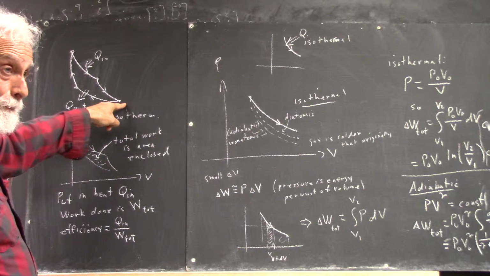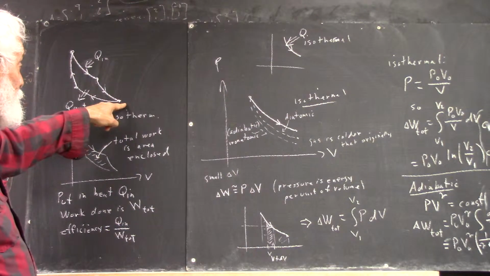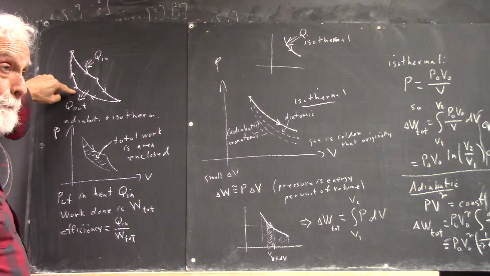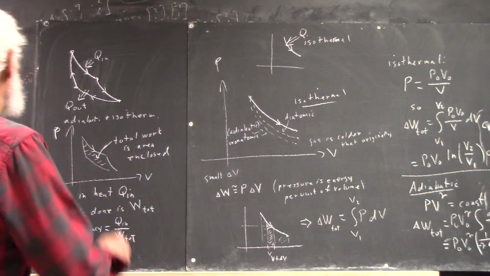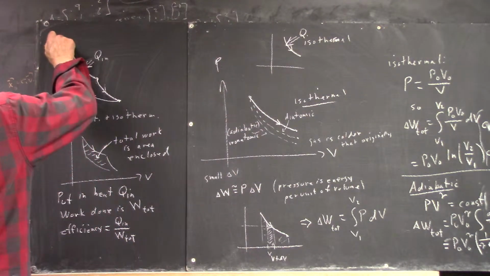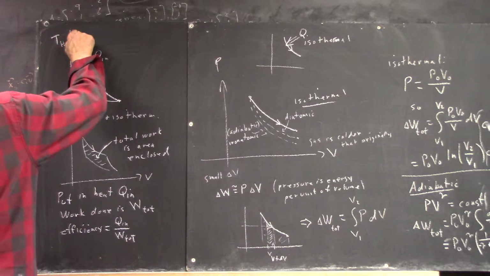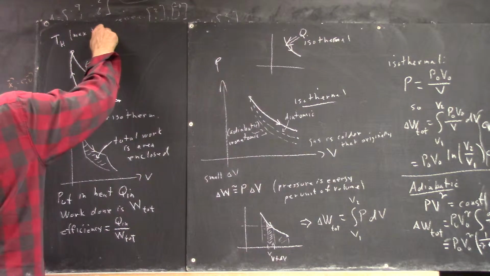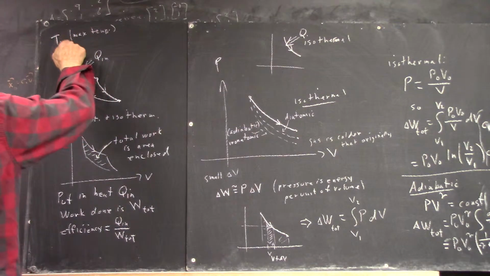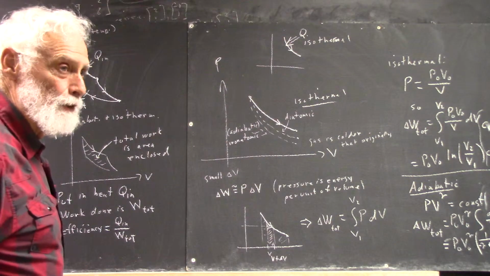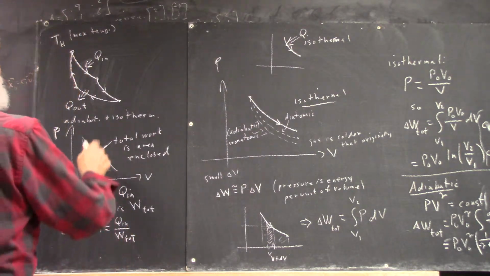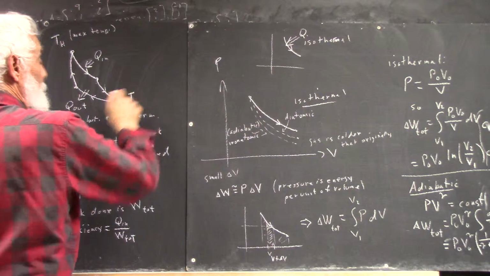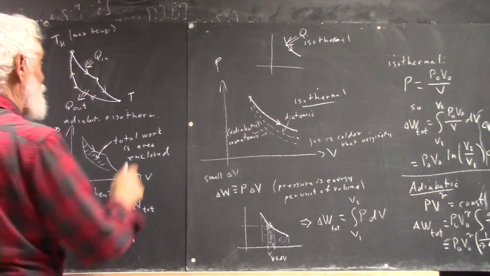So you're here, and this is isothermal, so your maximum temperature, and that's T hot, H for hot. Now what do you think this one is? T cold. Yeah, TC.